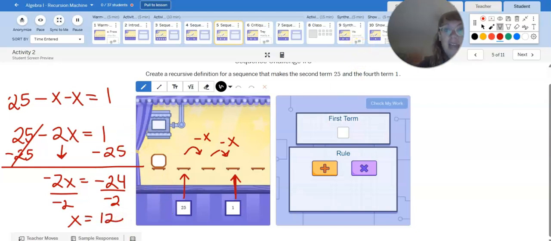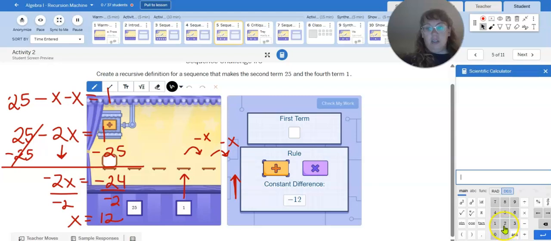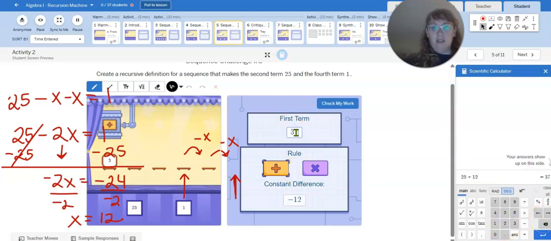So we are subtracting 12 each time. But we don't know what our first term is, so we want to work backwards by adding 12. So if we were at 25 plus 12, that's 37.